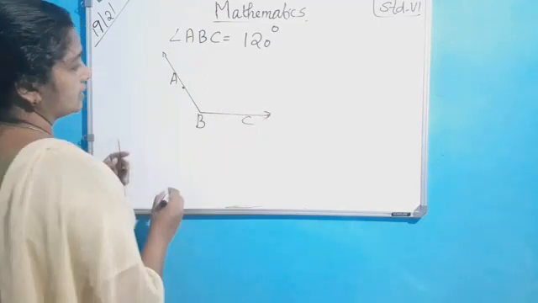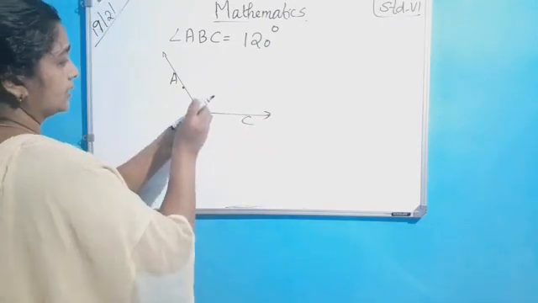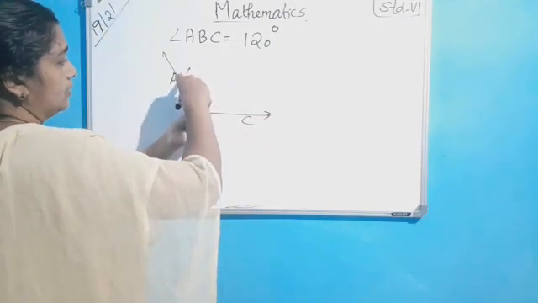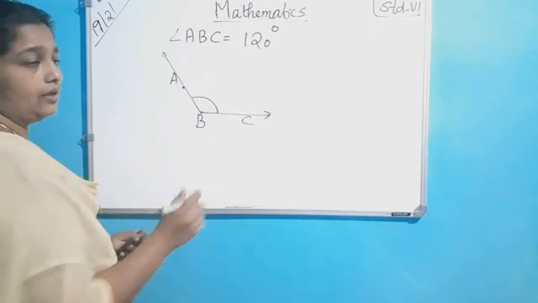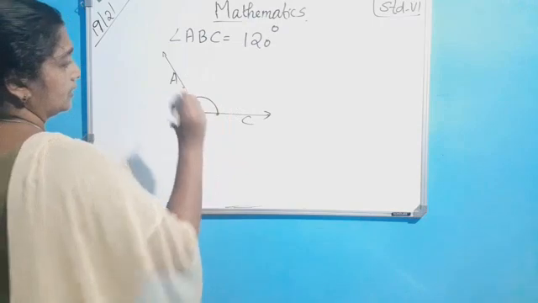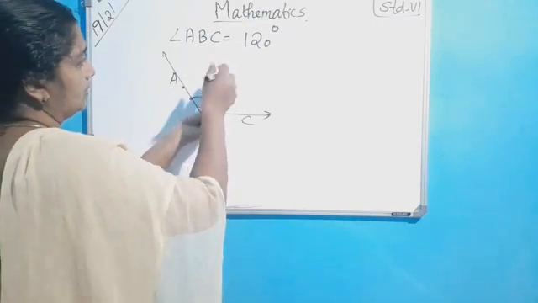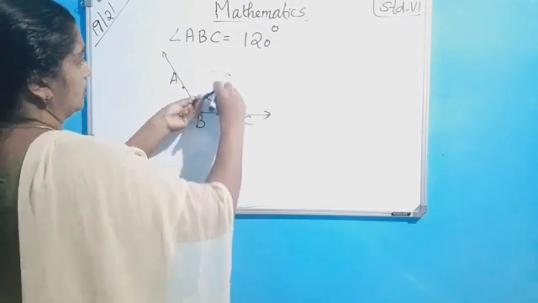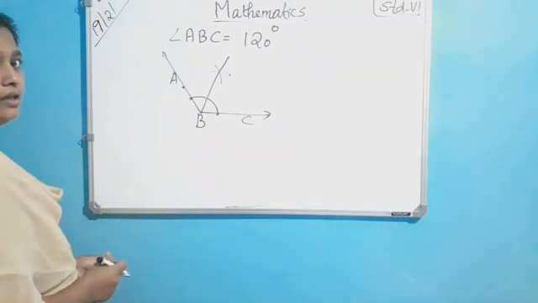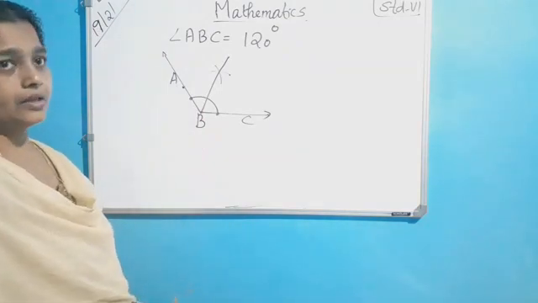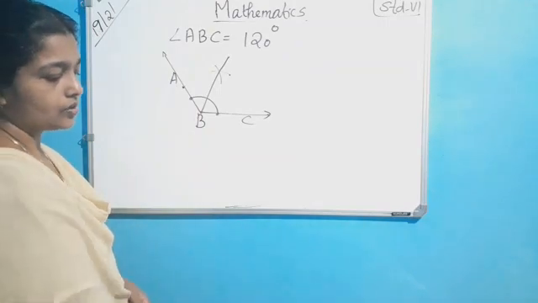From B cut a small arc. Next, from here and here, use the compass and cut the next arc. Then join. This is the angle bisector of angle ABC, 120 degree.